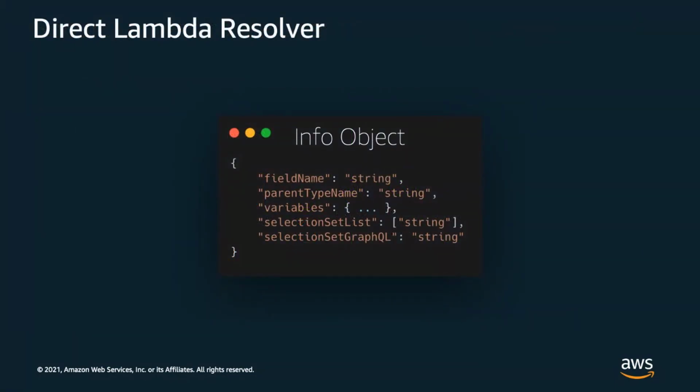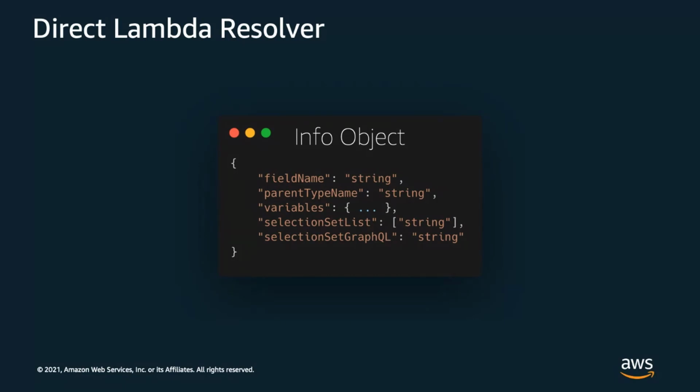So when I use the direct Lambda resolver, the VTL is disabled. AppSync automatically sends the full context object of the API request call directly to the Lambda function. And the context object contains data related to authorization, identity, query arguments, request headers, as well as the info object.